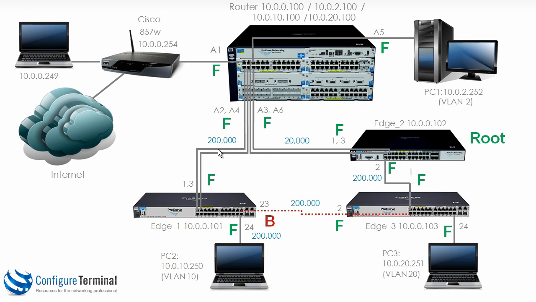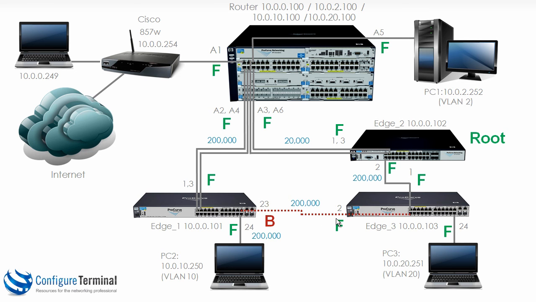So if we go this way, 200,000, 220,000. If we go this way, 200,000, 400,000, 600,000. So in other words, this would be the designated port on this physical segment between edge 1 and the router, because this is the best port to use to get to the root bridge. So in other words, this port is forwarding.